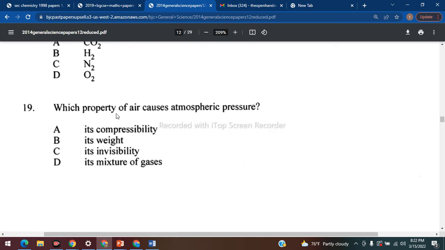Okay, which property of air causes atmospheric pressure? Is it its compressibility, its weight, its invisibility, or its mixture of gases? Weight. Say it again. Weight. Yeah, number 19, B, its weight causes pressure.